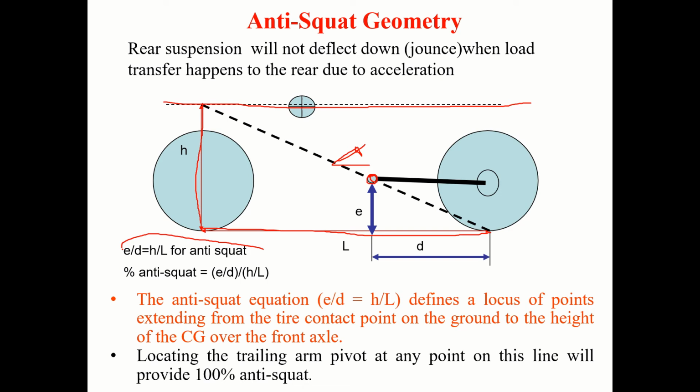So this trailing arm, what we are talking about, one end is fixed to the wheel. If I can fix the other end on any point on this line, so that this equation E by D is equal to H by L is satisfied, then we can achieve anti-squat. So you can call this arm the anti-squat arm.